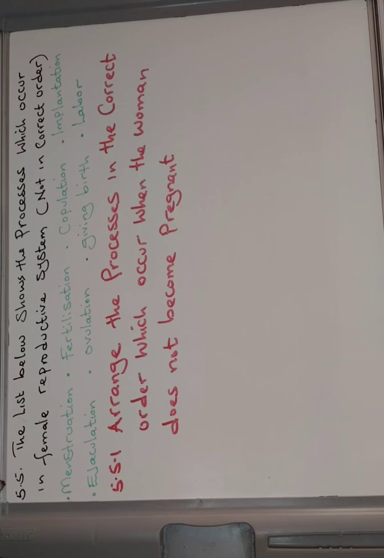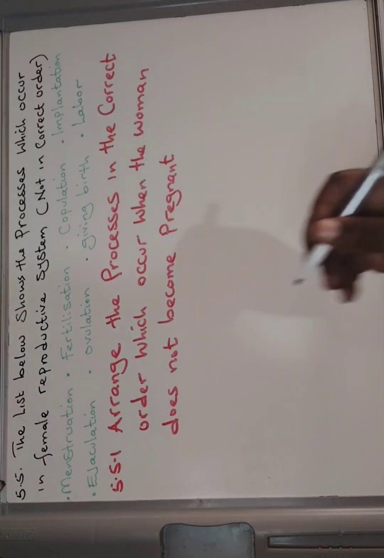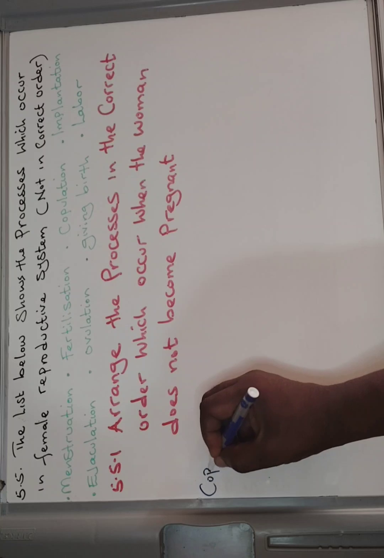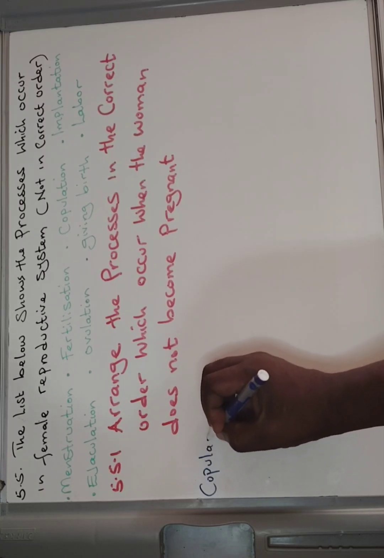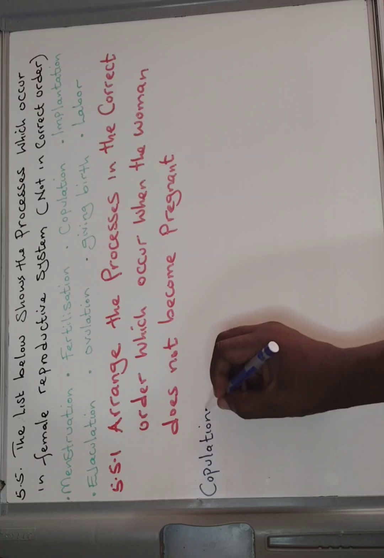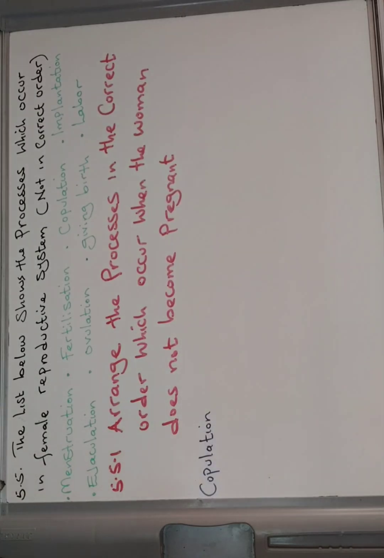Okay, let us look at the order. The first thing which happens is copulation. Copulation is the process during which sperms are introduced into the female reproductive system.